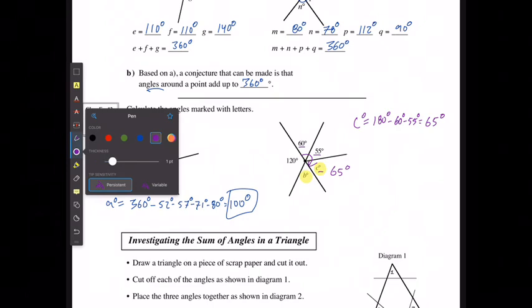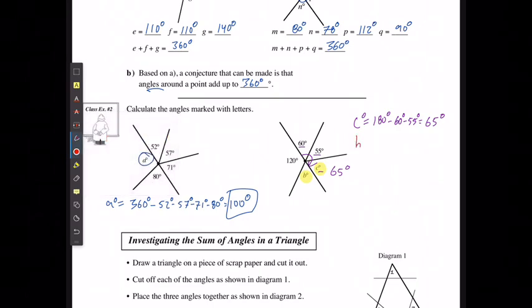I can say for B, that if C is 65, 360 minus 120 minus 60 minus 55 minus 65 is going to leave me with B, which is 60 degrees.